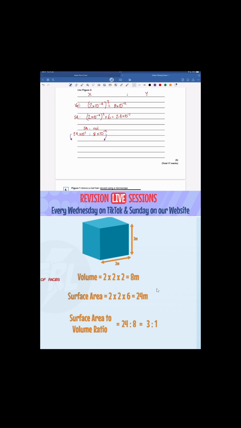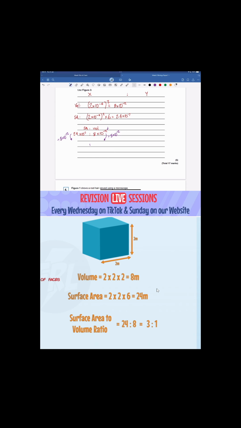It's kind of like a maths topic, ratios. You divide it by the smallest of the two. So out of these two, the smallest one is this one because it's to the power of minus 12. So the right hand side you need to divide by 8 times 10 to the minus 12, and the left side you need to divide by 8 times 10 to the minus 12.